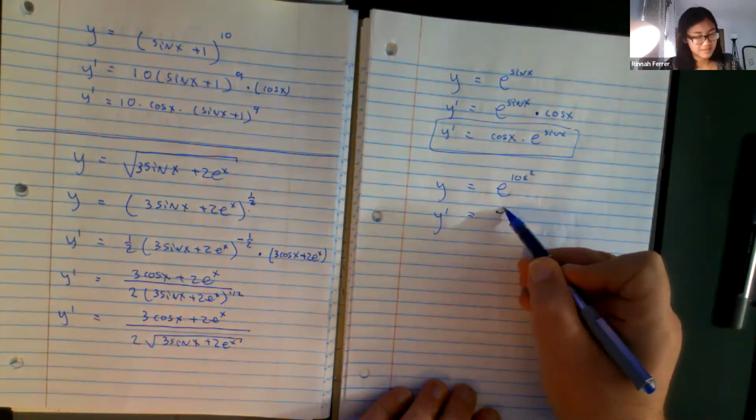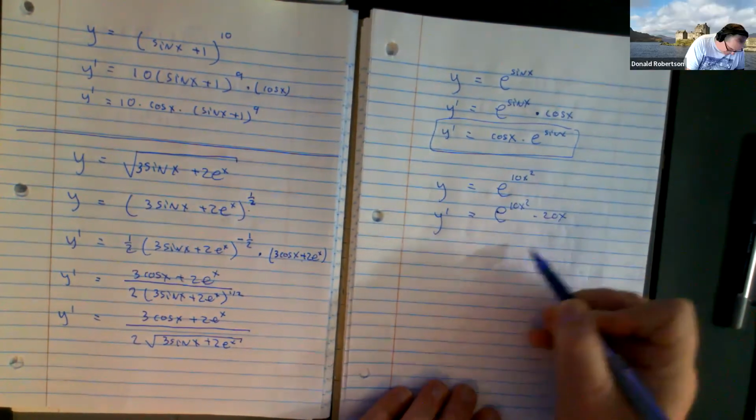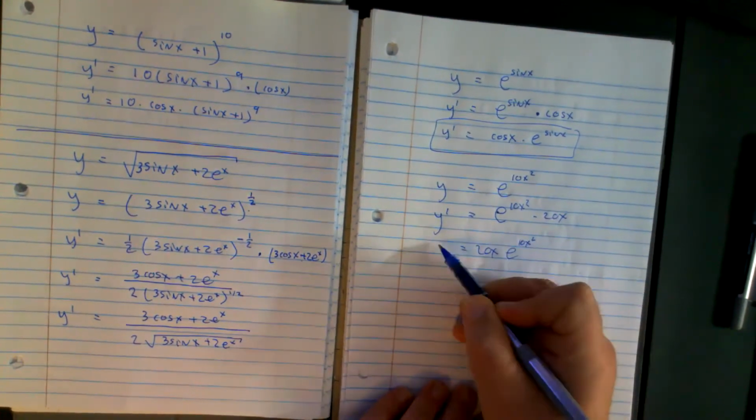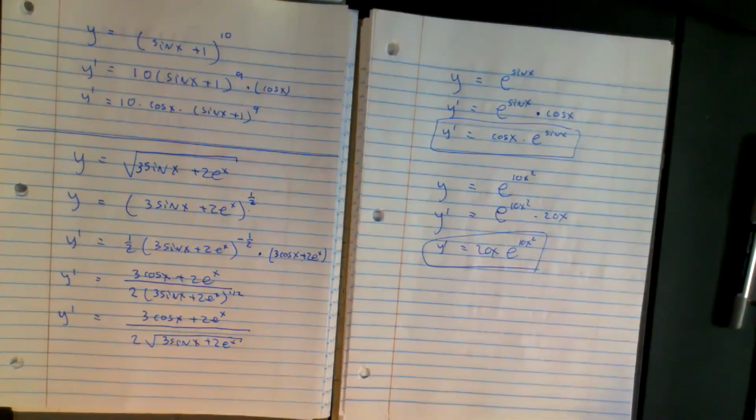E to the 10x squared times 20x. Nailed it. Maybe we're just shy. Well done. You got it.